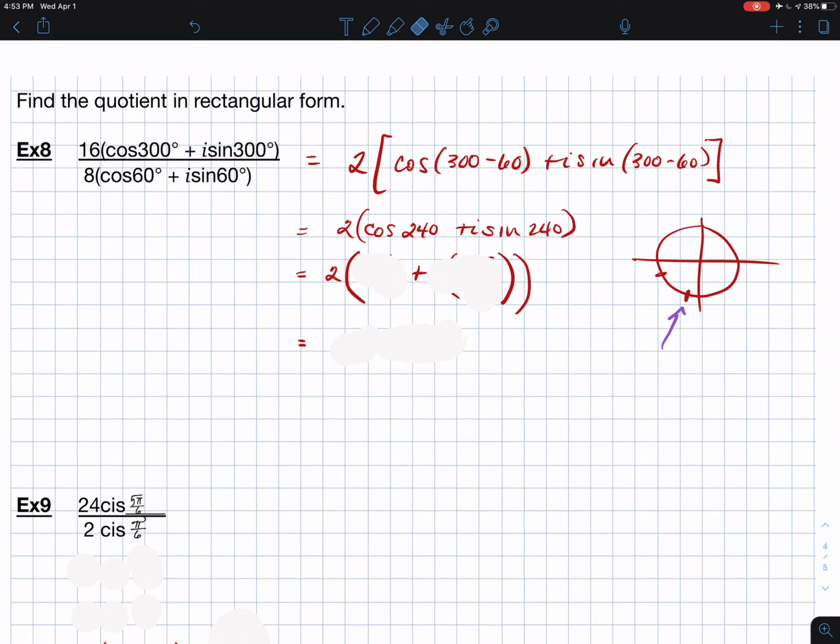All right, so we have our radius. The cosine at 240 is going to be -1/2. The sine at 240 is going to be -√3/2. Go ahead and distribute your radius, and you'll get -1 minus i√3 once you reduce your fractions.